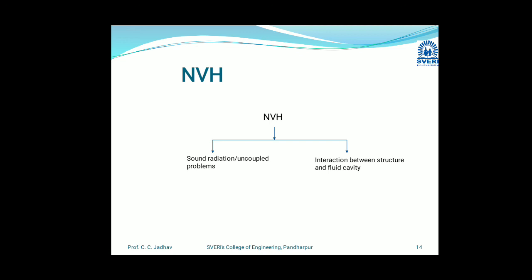Example: a horn or a vibrating silencer at a certain distance. It is solved by the boundary element method. By using boundary element method software, we can easily find out the sound level. So this is one example of sound vibration.